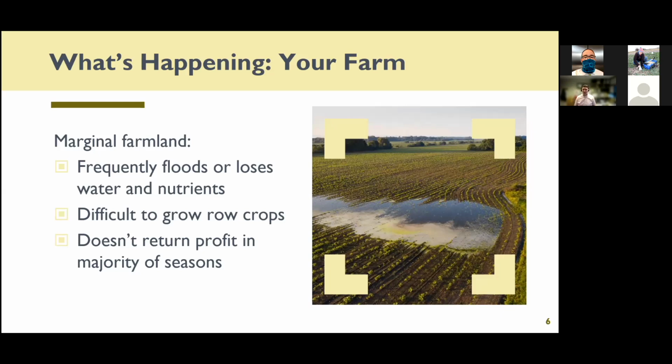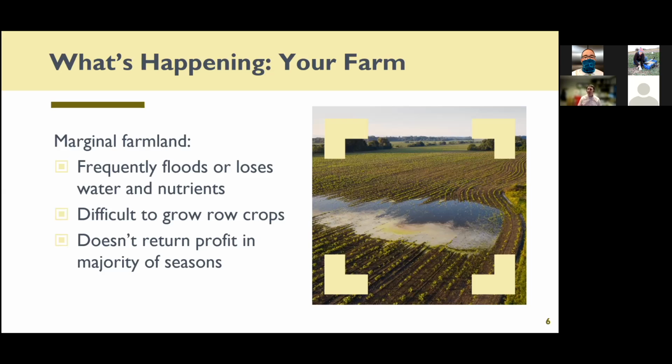We may be trying to shift that mentality, because maybe there are these potholes that are 1 acre or 2 acres in size that run alongside of or run into that fence line. And so we may not be getting our row crop productivity there, but we've put in the cost of production.